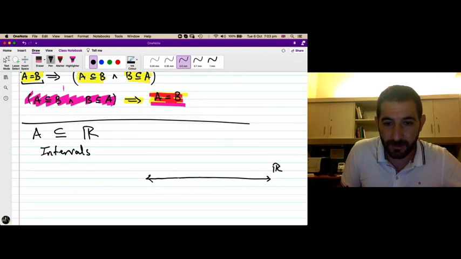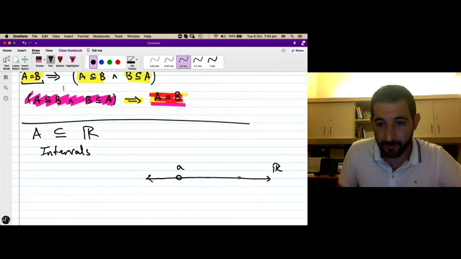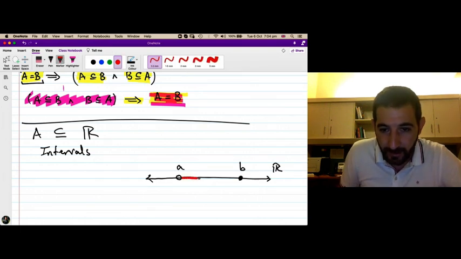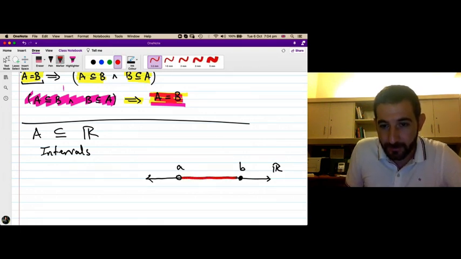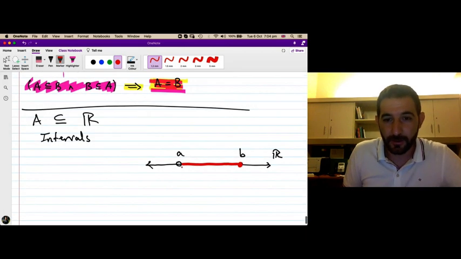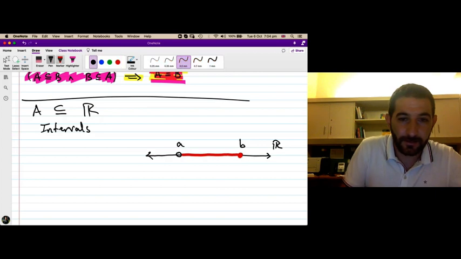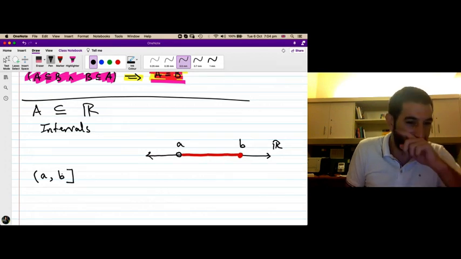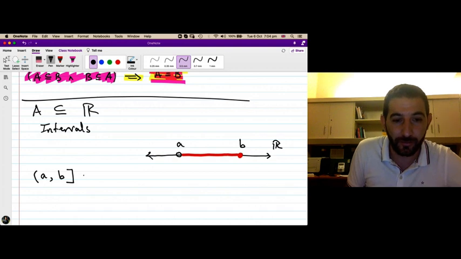Suppose this real number is A and this real number is B, and we collect all the elements between A and B, including B but not including A. So this set is described as follows. We use a round bracket A, comma, B, and then a square bracket.